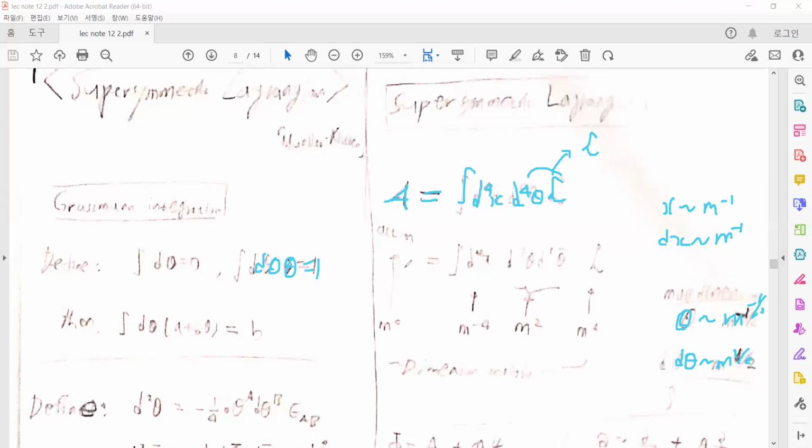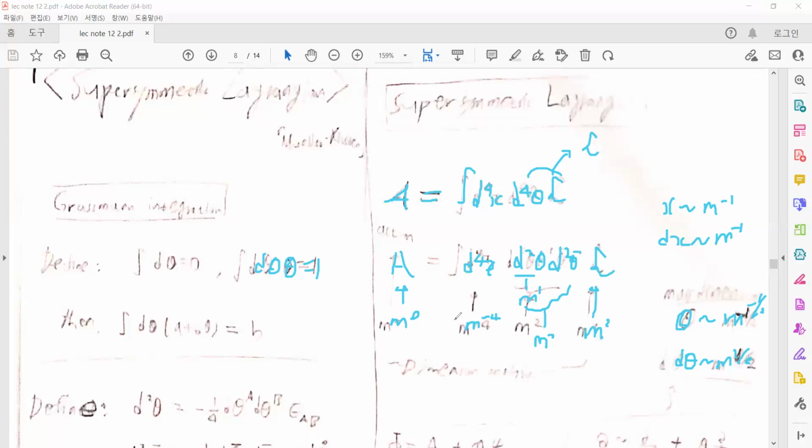And because the action has no mass dimension, and the space-time d^4x has mass dimension minus 4, and we know that the d squared theta has a mass dimension of 1, and another d squared theta bar too, so the d^2 theta d^2 theta bar together have a mass dimension of 2. So such a Lagrangian should have a mass dimension of 2.